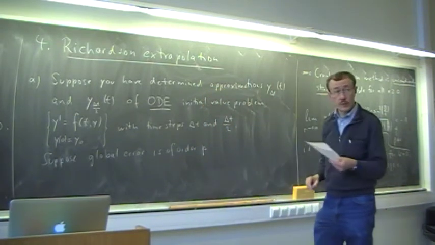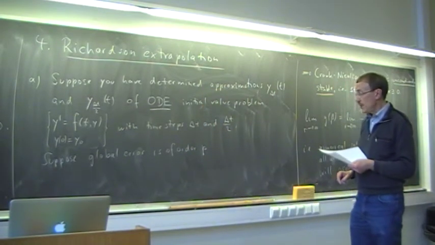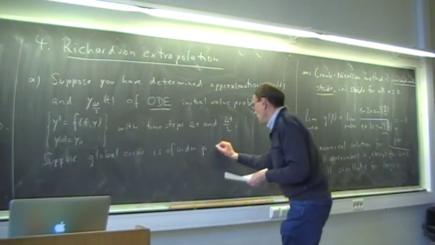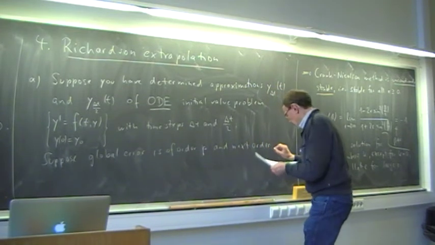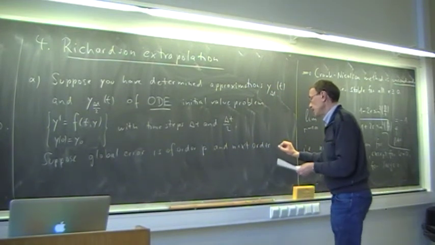For example, trapezoidal method, order p equal to 2. And that the next order is r.